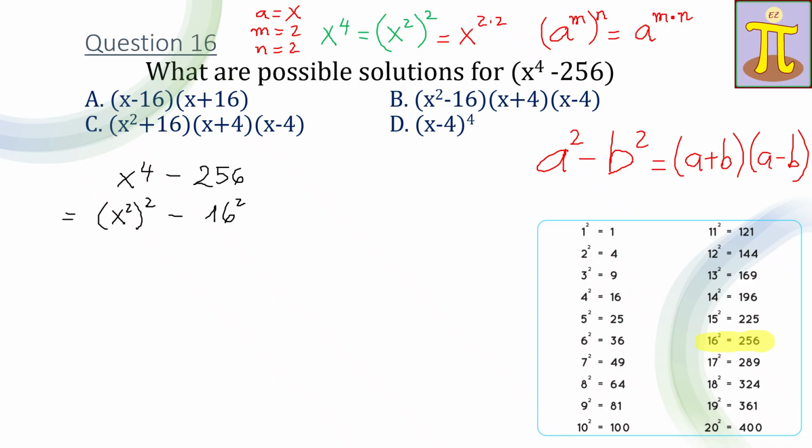Now you see that I have my a squared minus b squared. So this is my a. My a is x squared, minus my b is 16. Now I apply the formula. I will have my a plus b, so my a is x squared plus b is 16, times my a is x squared minus my b is 16.